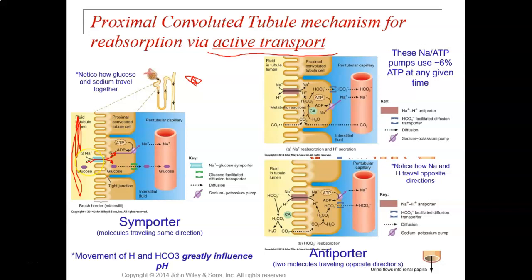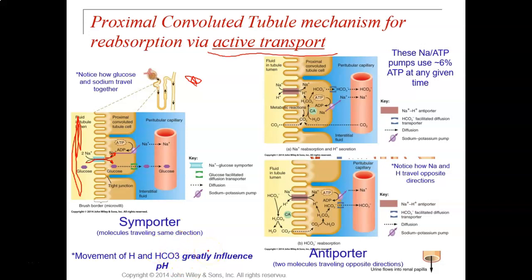In order for sodium or glucose to be reabsorbed along the PCT, this symporter takes place. Now you can see, moving down here, movement of hydrogen as well as bicarb greatly influences pH.